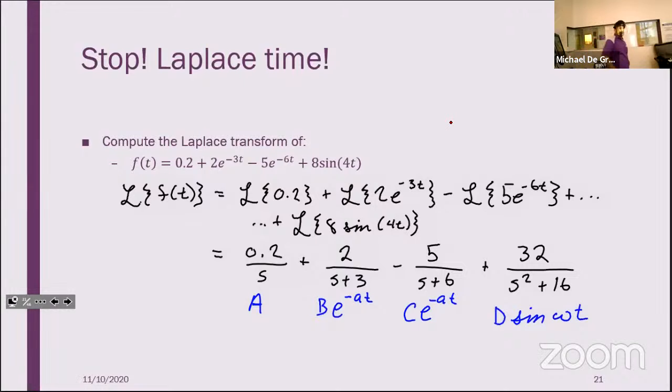I'm using B, C, and D there because there are different constants in front of all of them. We're just multiplying through by the constant. Okie doke. Any questions about this one? We okay with this one? No, everybody's cool with this, right?